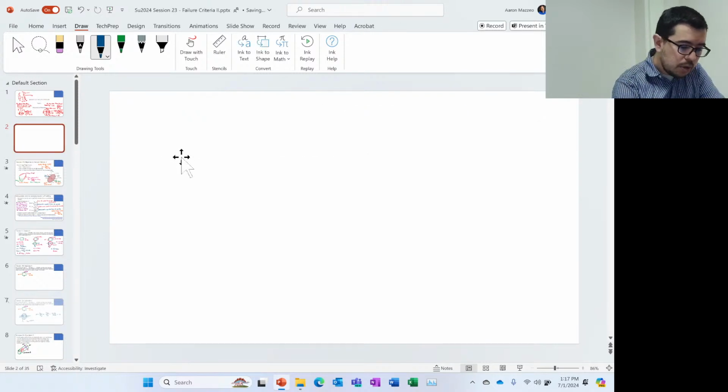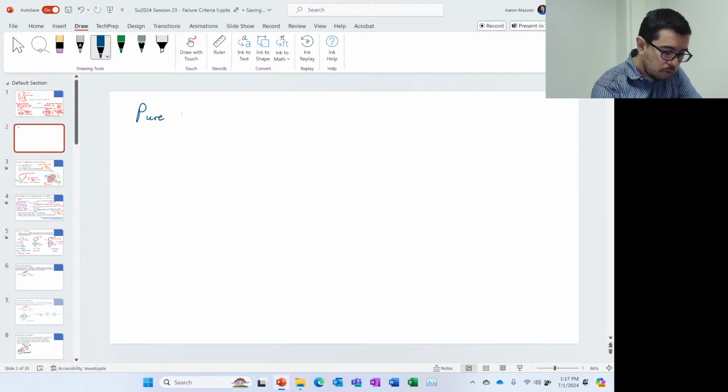Pure shear would be that you have your element, if we say this is X, this is Y, you're going to have an element that looks something like this. And this is your tau XY.